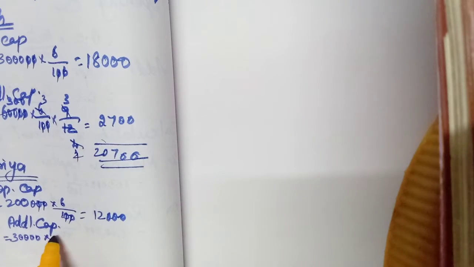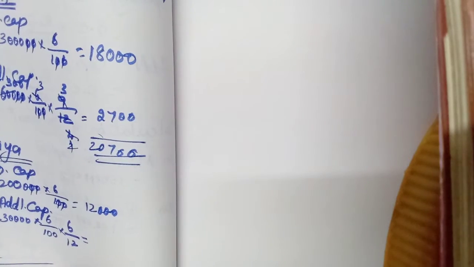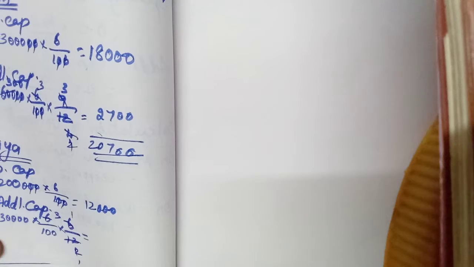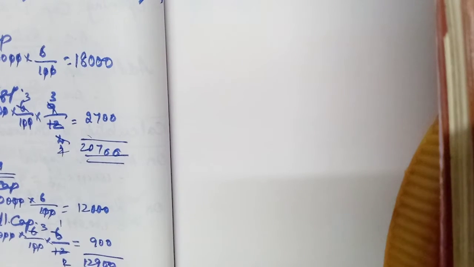Then rate of interest is 6 by 100. Here date is not given. Here given during the year. So we will take 6 by 12. Now we will simplify. 1 6 is 6. 2 6s are 12. Here 1 2 is 2. 3 2s are 6. Then 2 zeros. Now 3 into 3, 9. Then 2 zeros. 900. So what is the total interest on capital? 12,900.